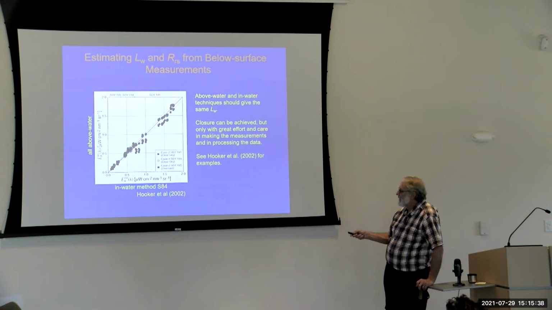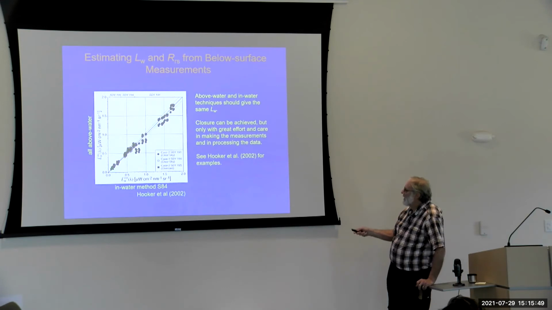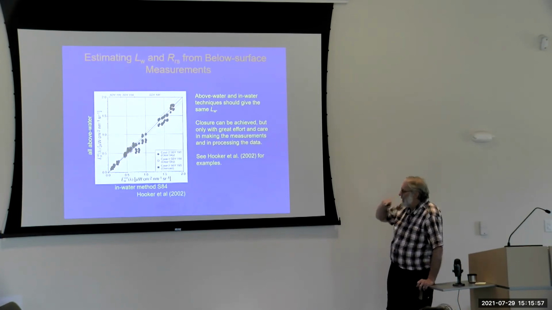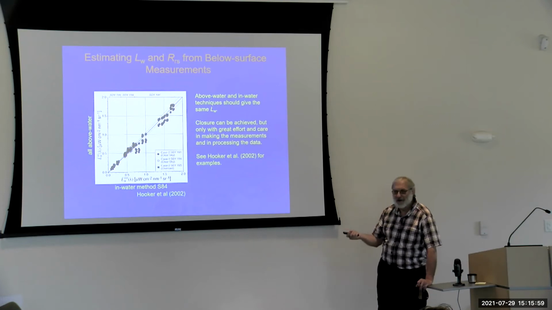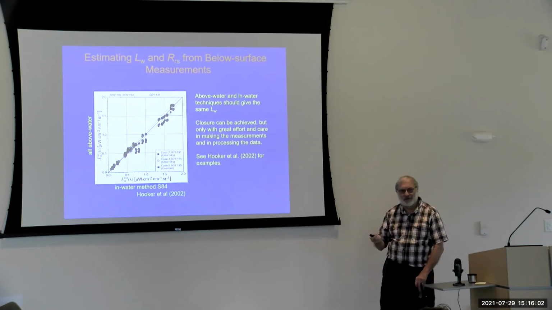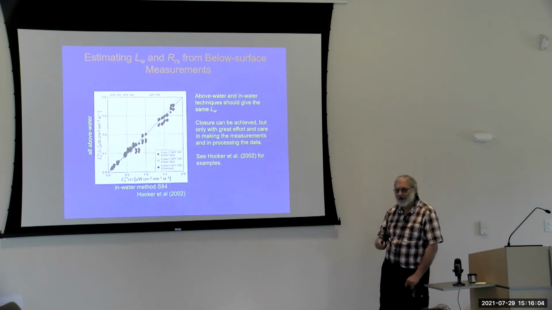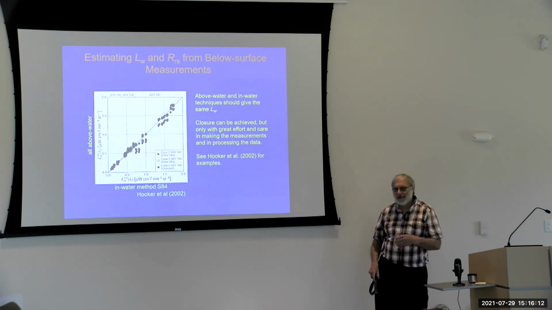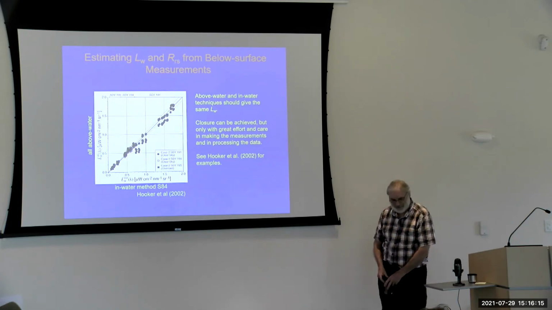So here's a water leaving radiance by one of their particular in-water methods. And here it is with all the different techniques. It was pretty much a straight line, a reasonable fit. So anyway, these in-water and above water techniques will give you the same answer, but it often takes a lot of effort, either removing surface reflectance or figuring out how to extrapolate upward and how to account for shadowing effects and whatever else was going on, reflection off the side of the boat.